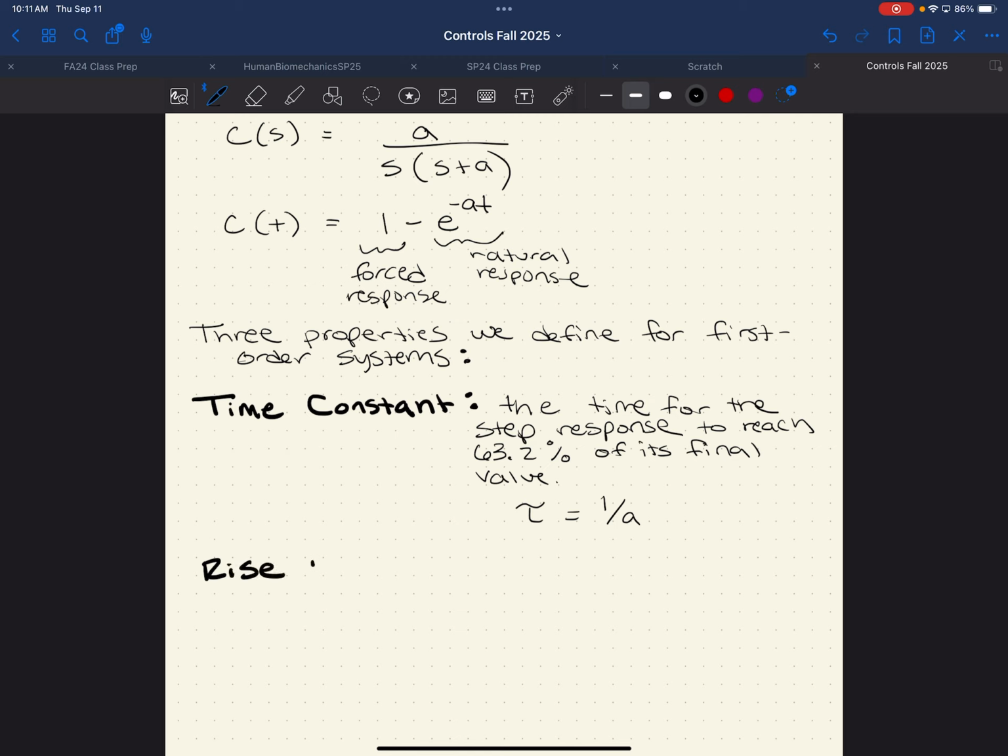So the rise time is the time for the step response to rise from 10% to 90% of the final value.